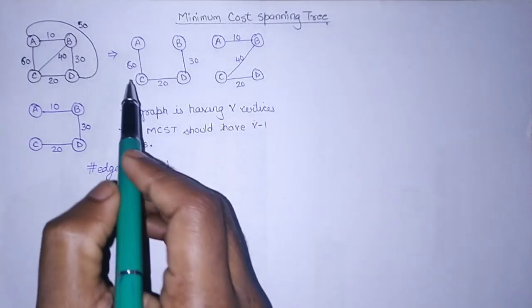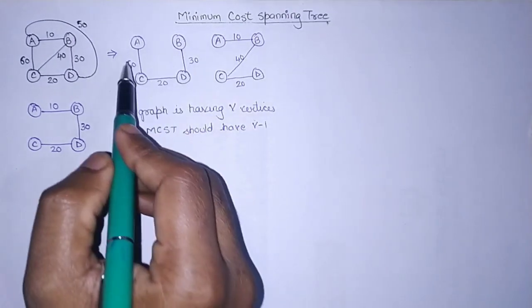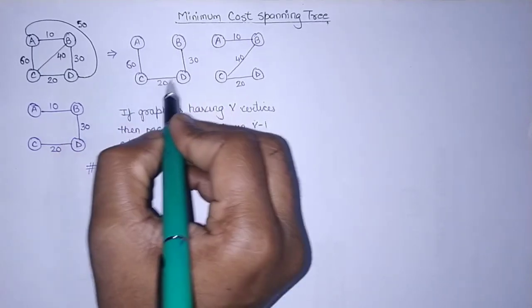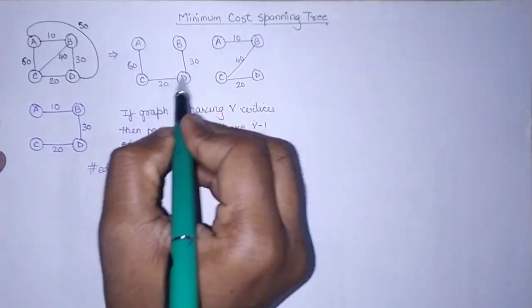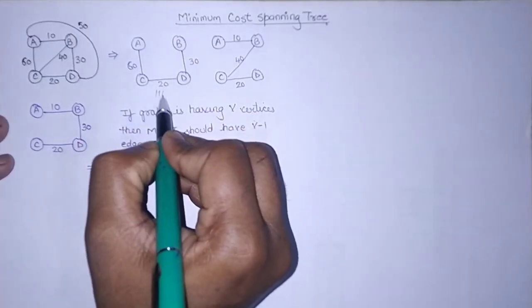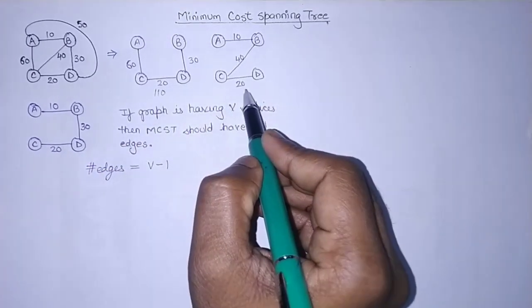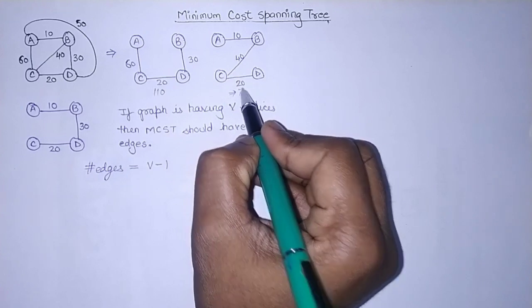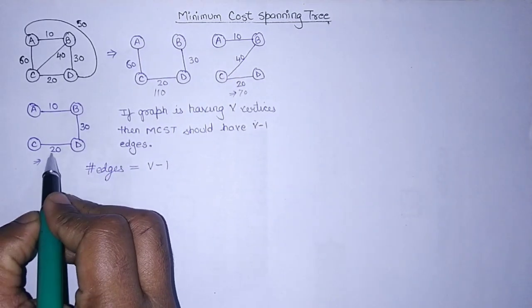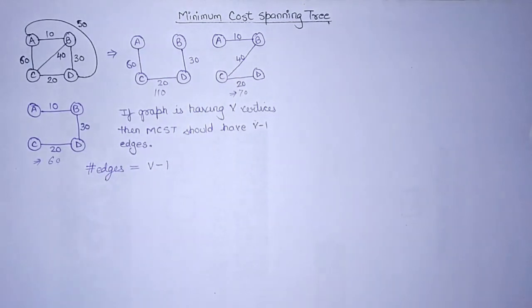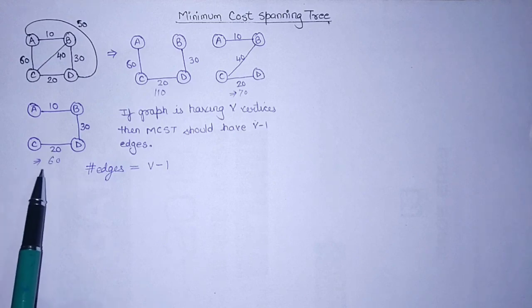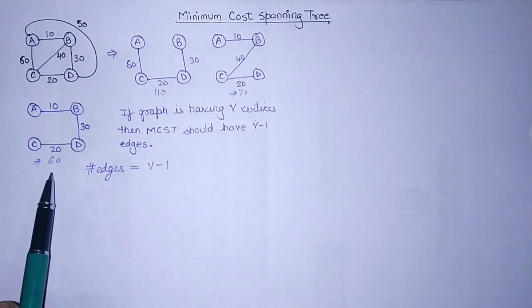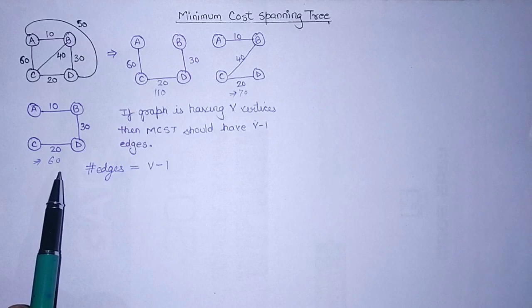We have to sum up the edge weights. Here the sum will be 110, here the sum of edges will be 70, and here it will be 60. Now you can clearly see that this particular spanning tree has the minimum cost of 60.